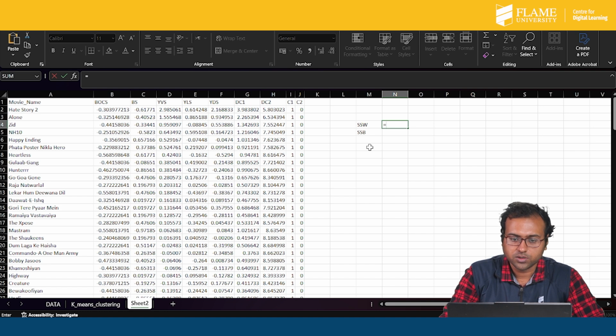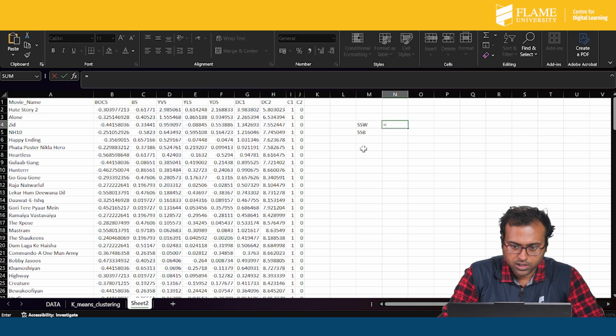We have to just take the square and add them up. That is the process for calculating SSW, and you already have the two centroids. If you find the distance between them and take the square, then you will find the SSB.